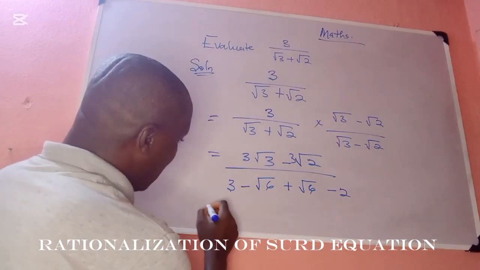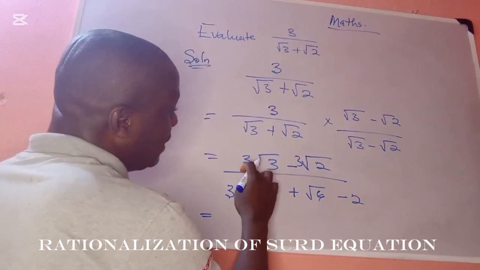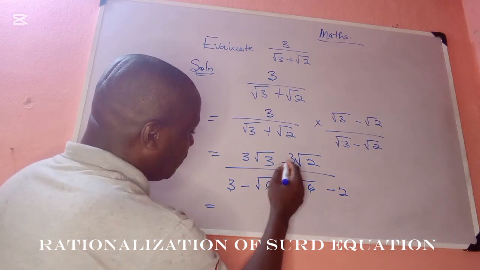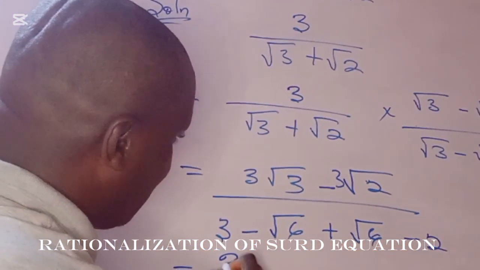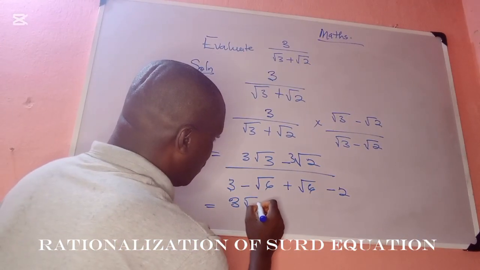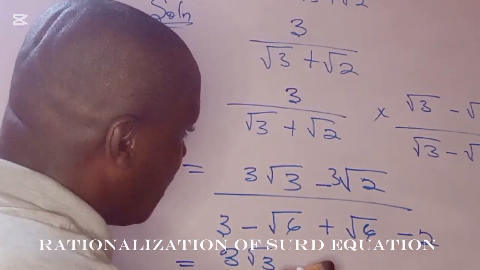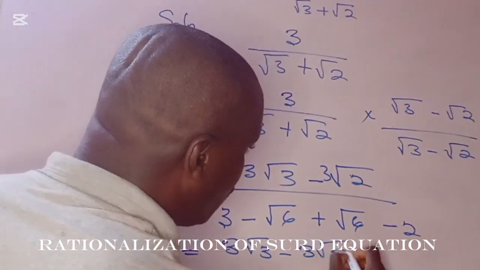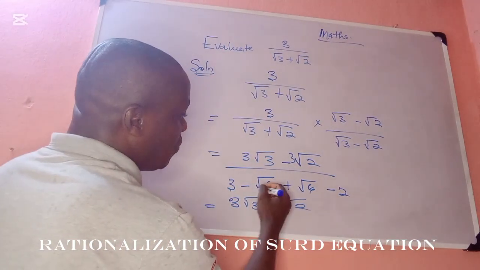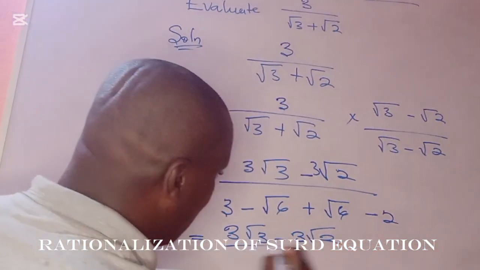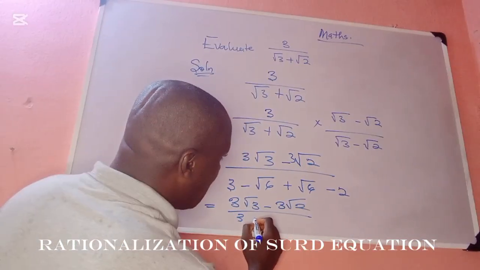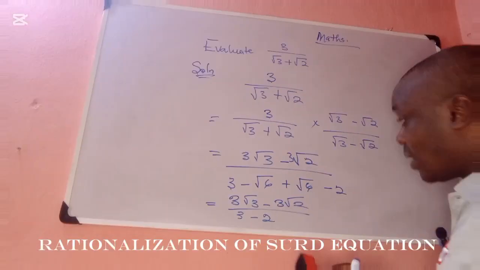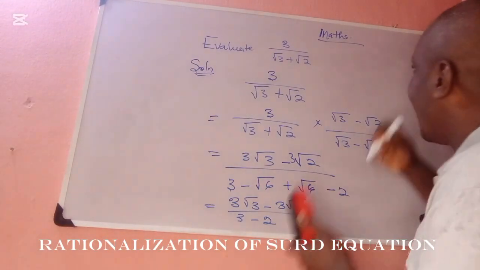So at this moment, the minus root 6 and plus root 6 cancel out. The numerator still retains 3 root 3 minus 3 root 2, and the denominator is 3 minus 2. Because of space, we now write it here.